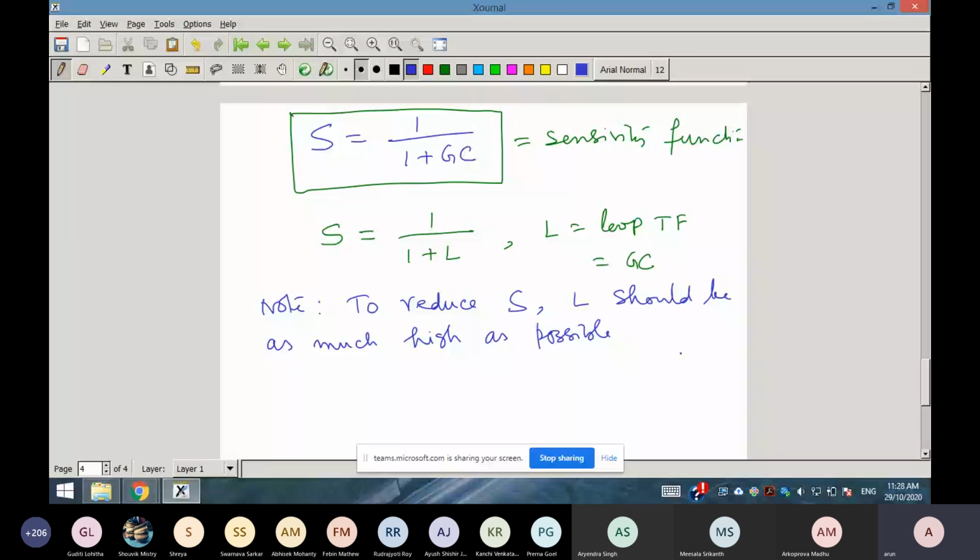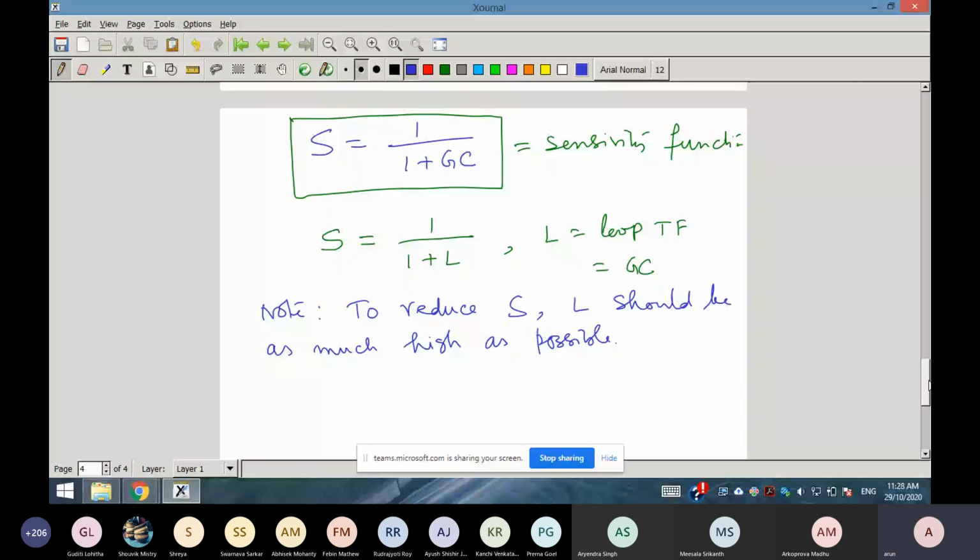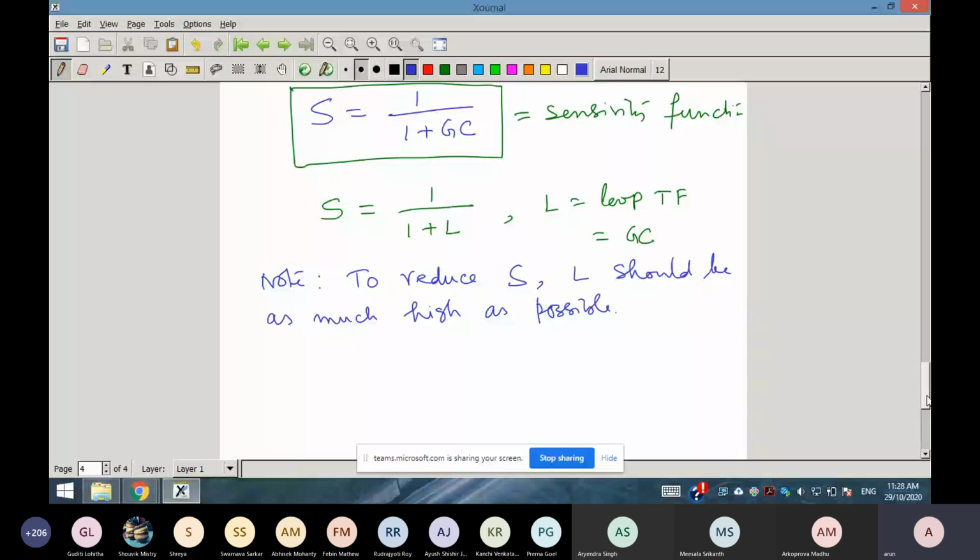Now I want to say what S is physically. We have studied the Nyquist plot, so what does S mean with respect to the Nyquist plot?